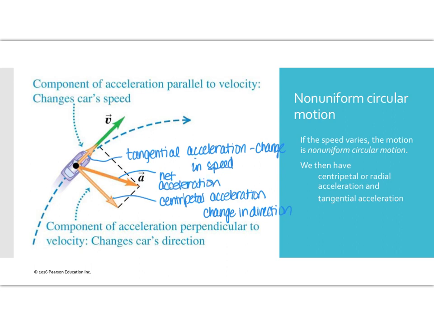So they're simply two perpendicular vectors that add to give the total acceleration, which of course is going to be at an angle to either one of them. So we have to keep in mind that when an object goes in a curved or a circular path, we have the possibility of both tangential acceleration and centripetal acceleration.